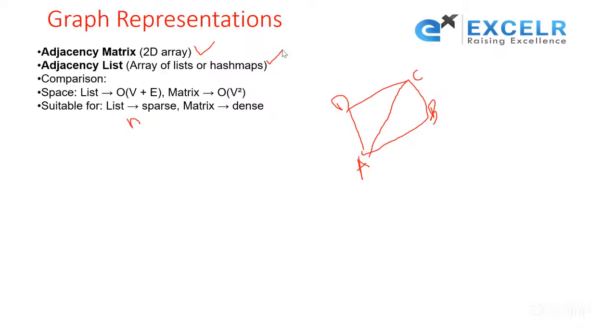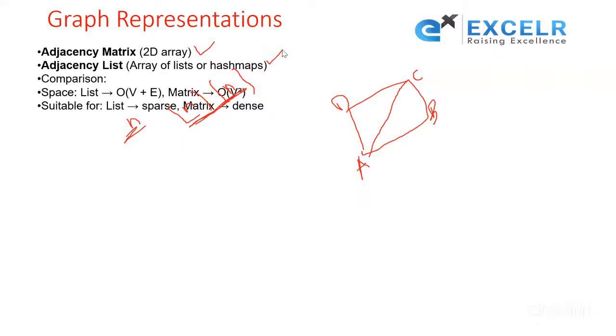So this graph would be represented with a matrix having n by n dimensions. A matrix that represents a graph having n vertices will have the dimensions of n by n, so it would be a 2D matrix of n by n dimension.